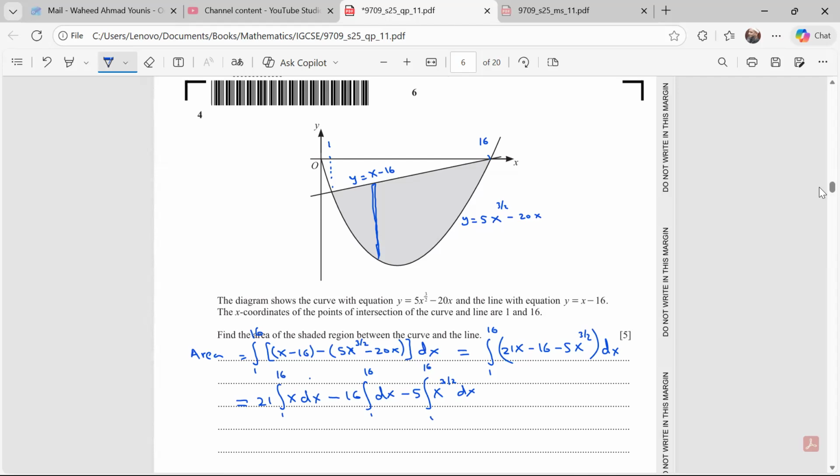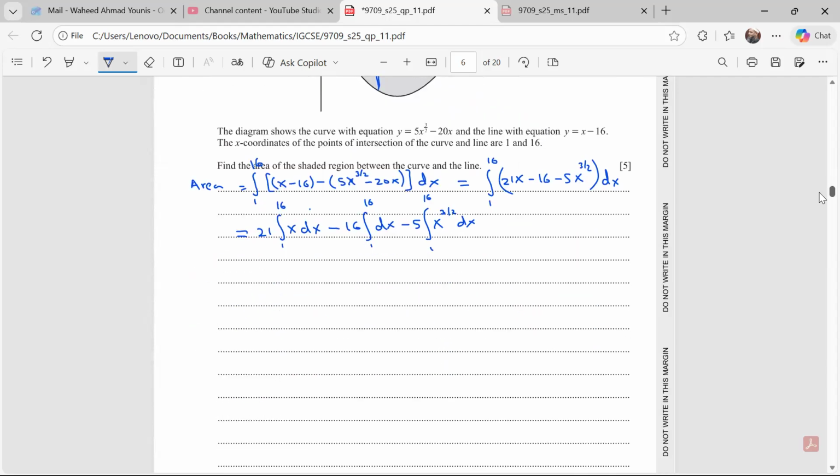Okay, so this integration is easy. It's not complicated at all. Equals 21, and this is x squared by 2 from 1 to 16, minus 16, and this is x from 1 to 16, minus 5 x power 5 by 2 divided by 5 by 2, and limits from 1 to 16.